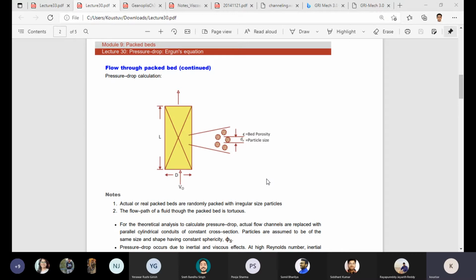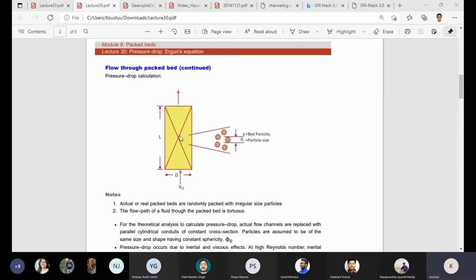So basically a packed bed can be characterized as an empty tube to which you add some packing material. Packed beds are typically found in a lot of separation processes, distillation columns and absorption columns, even in large industrial reactions.